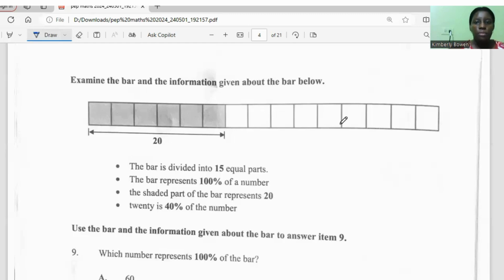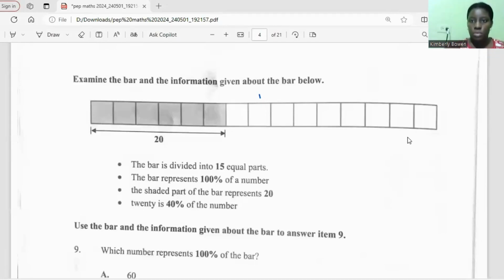All right. So what I've done for this question, it says that 20 here is 40%.